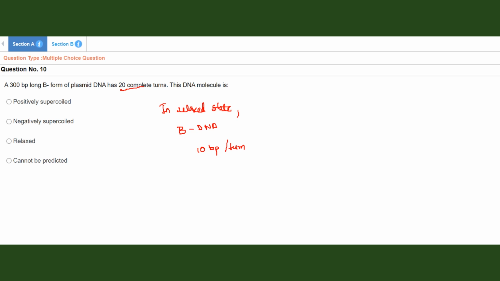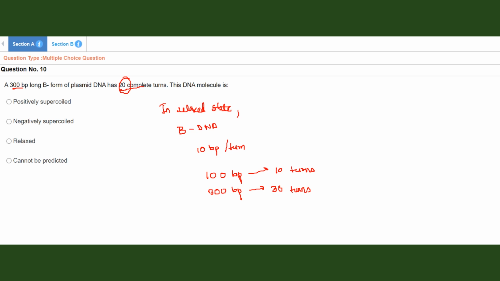So that means 100 base pairs is supposed to have 10 turns, and therefore 300 base pairs will have 30 turns. But in this case we can see that 300 base pairs has 20 turns.